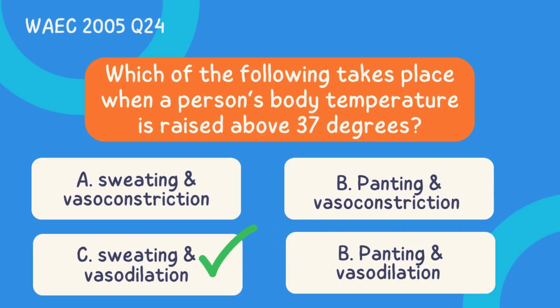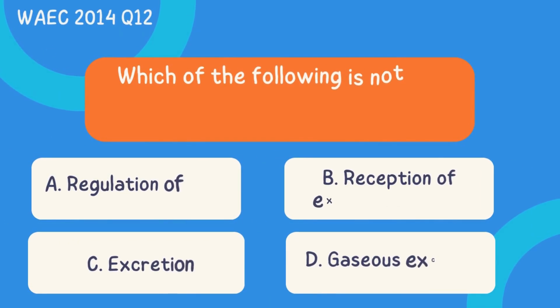The correct option is option C, sweating and vasodilation. Now let's look at the pairing of the other options. In option A, sweating is correct, but vasoconstriction is wrong because the body will undergo vasoconstriction when the temperature falls below 37 degrees, that is in cold condition.